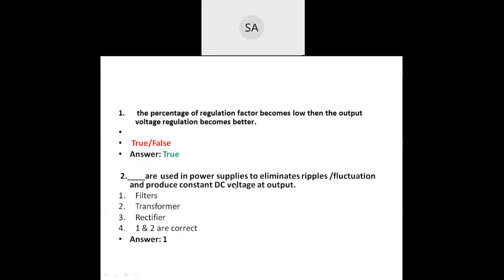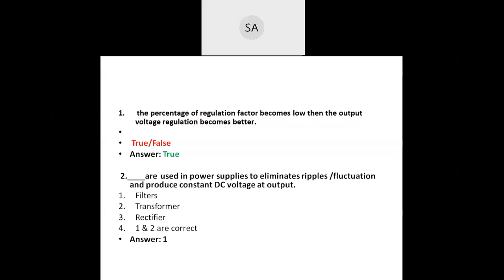Let us discuss a few small questions on today's lecture. The percentage of regulation factor becomes low when the output voltage regulation becomes better. The answer is true.